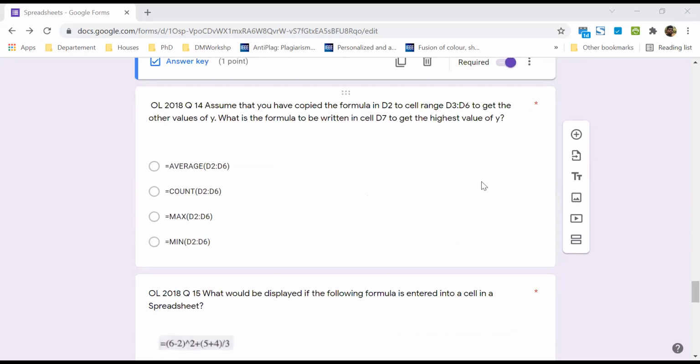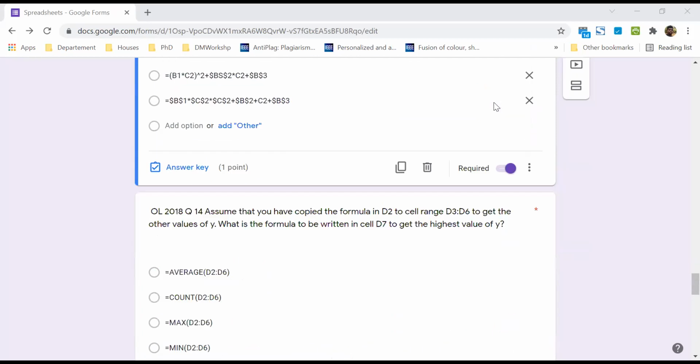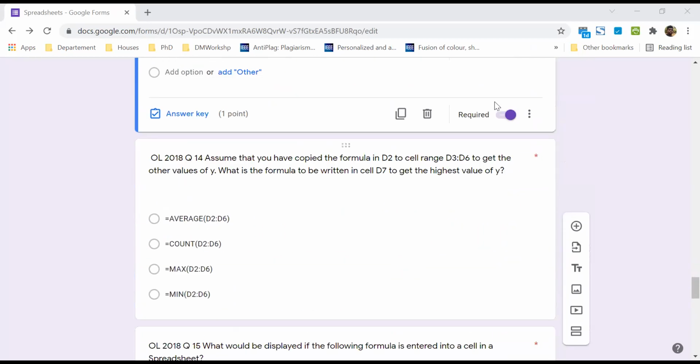This is question number 14 in 2018. Assume that you have copied the formula in D2 to get D3 to D6.